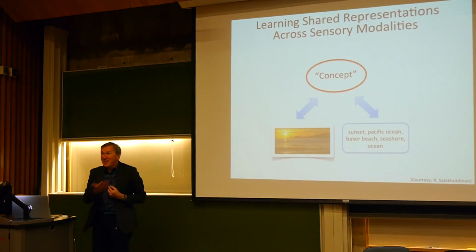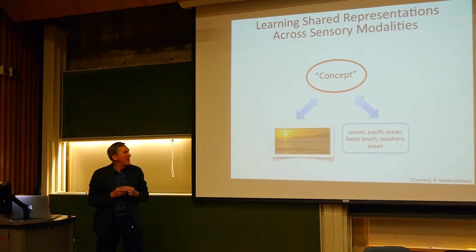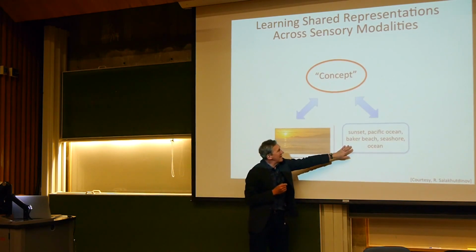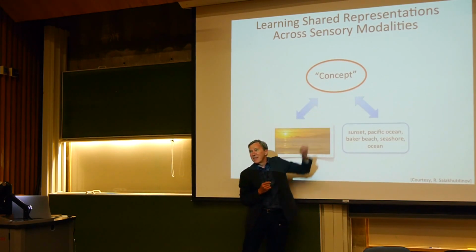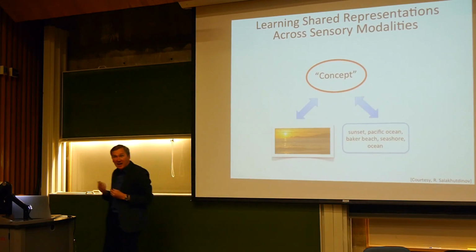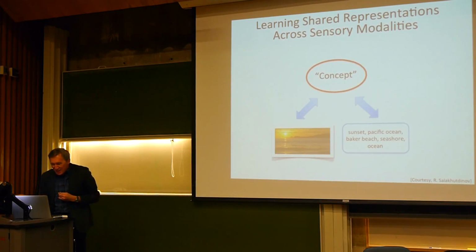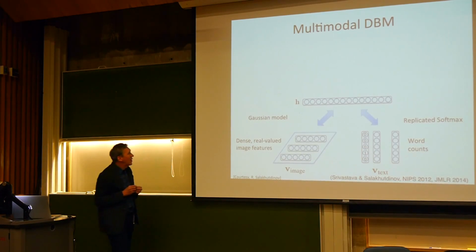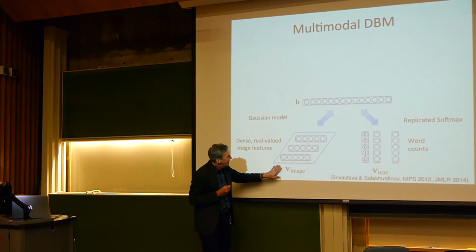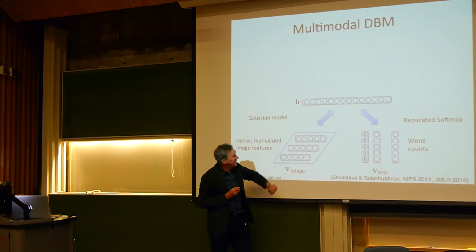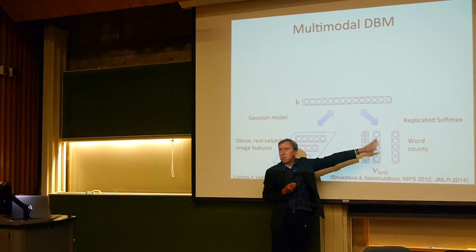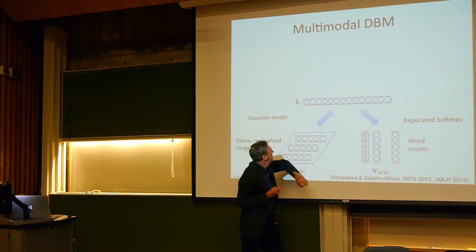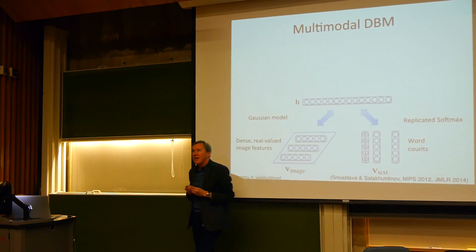And if you can do that, then you've learned an input-modality-independent representation of what the underlying concept is. So again, without going into a lot of details, we could set up a network where we have an image, pixels input, some text represented by bag-of-words counts, and try to learn a shared representation.